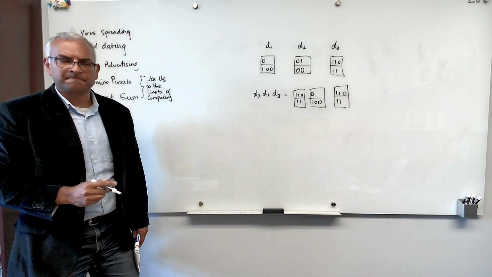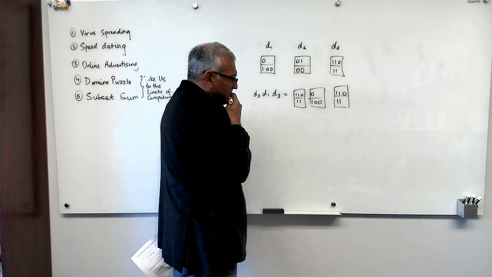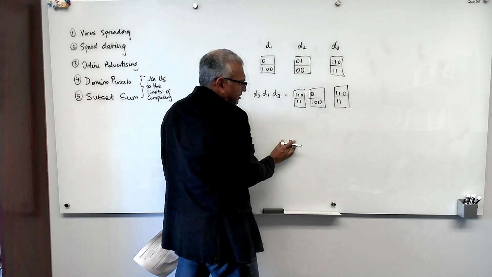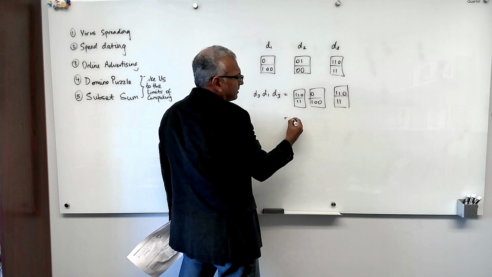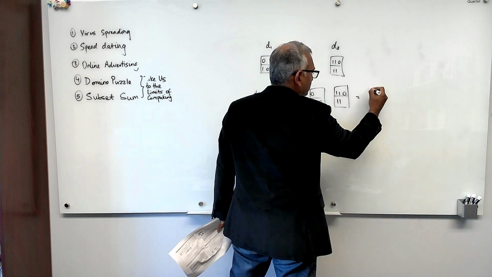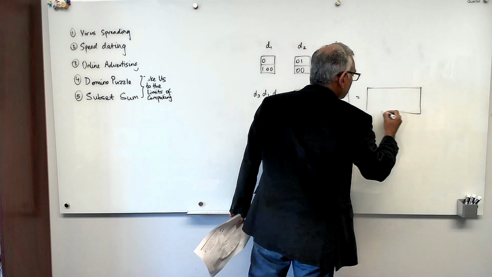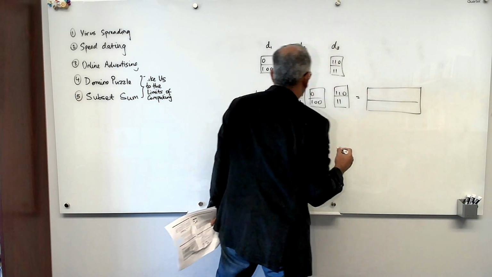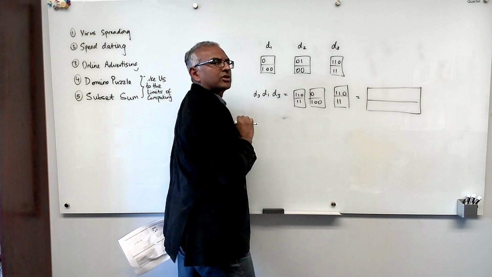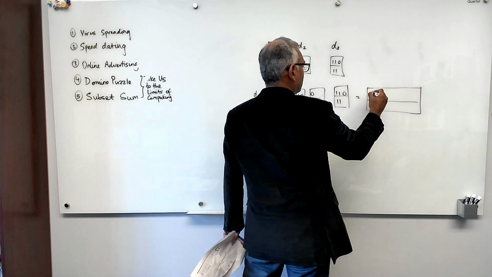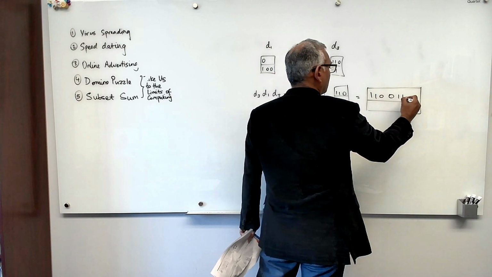Now, when you put these 3 dominoes next to each other, you concatenate them into one big domino. This becomes a humongous domino, where we concatenate the strings. So it becomes 1, 1, 0, 0, 1, 1, 0.